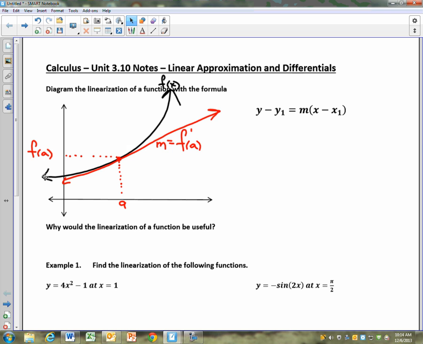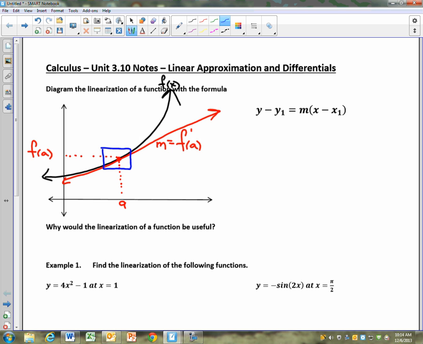Now, would you agree that that line is most definitely different than the function? Okay. But would you also agree that if I looked at simply this portion, if I zoomed in right here, there is not much of a difference between the function and the line?